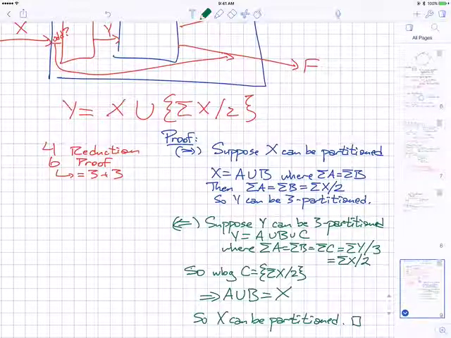Well, if there were anything else together with that element in one of the subsets, say C, then the sum of all the elements in C would be bigger than that. But because all the sets have the same sum, I know exactly what the sum of the elements in C is.